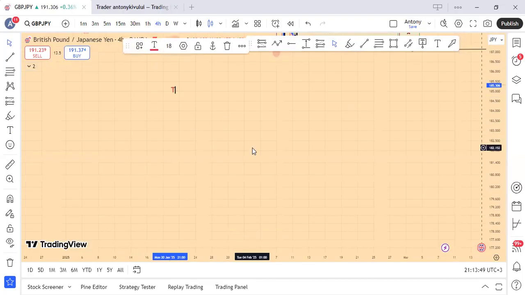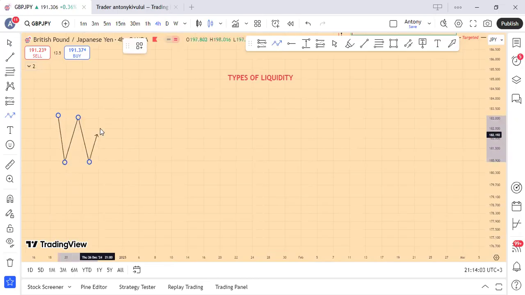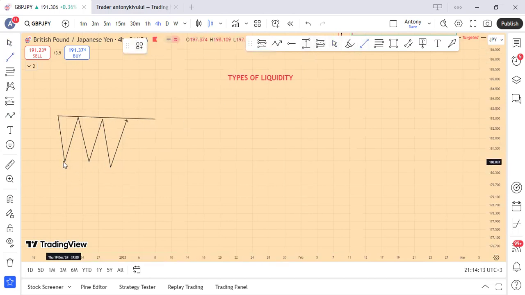These are what we call the types of liquidity. I will explain that by drawing. We have these equal highs here, and we also have these equal lows here.